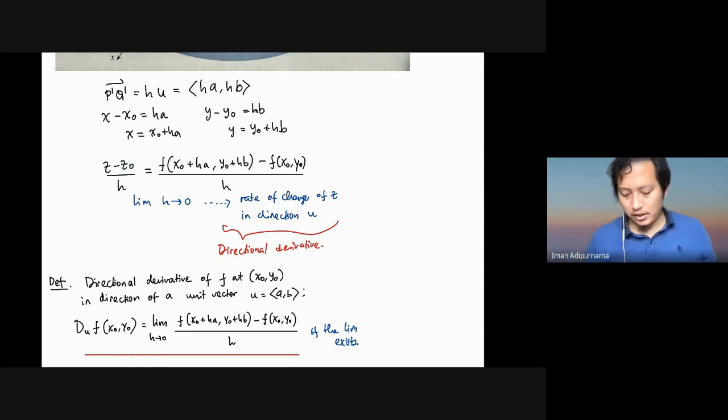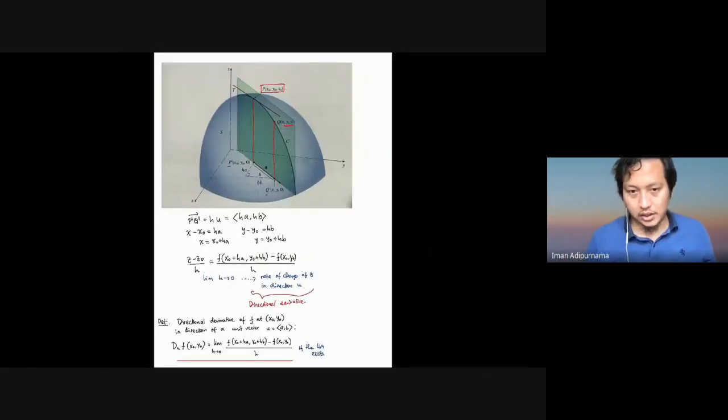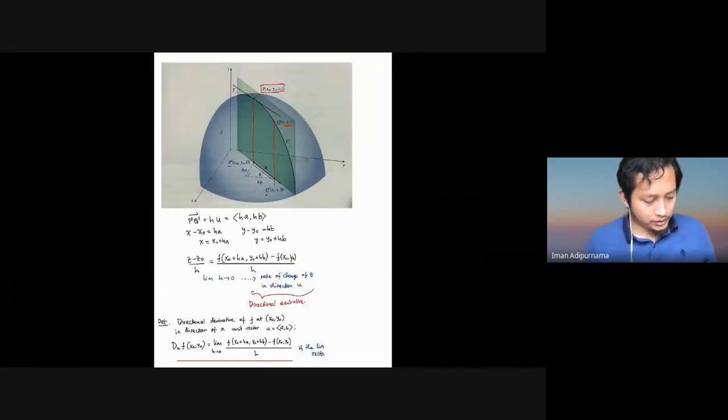And then what's the relation with the partial derivatives? We have another theorem, and also a proof, but I will skip the proof. Okay, let's go to the next one.